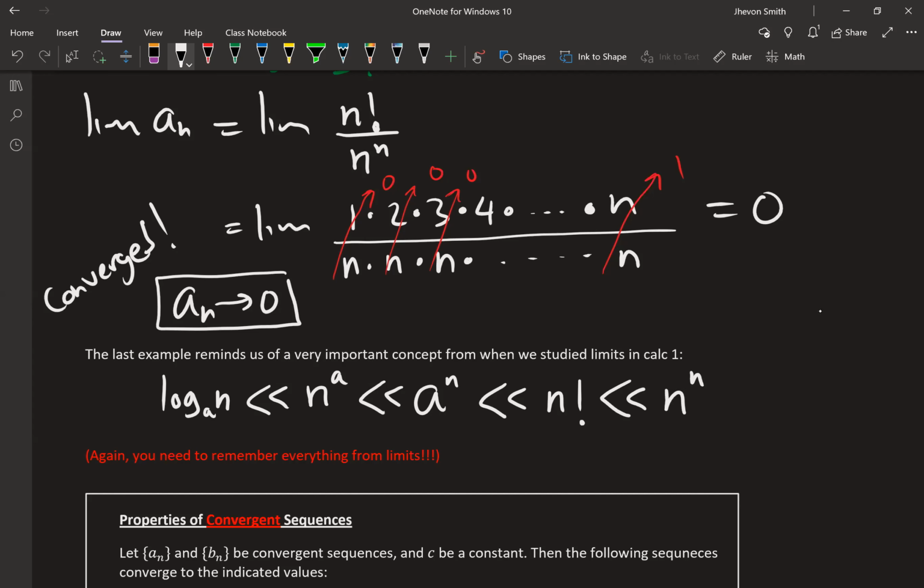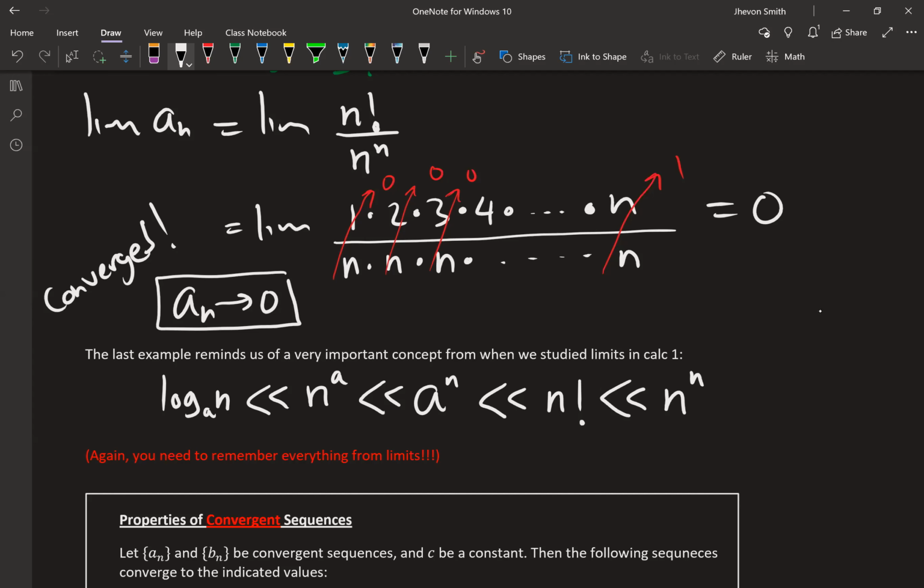So this was a list that was very important that came up in limits, where you know that guys on the right are huge compared to guys on the left as you approach infinity, right? So that was the rule that we're talking about. And again, this is a Calc 1 thing, so I'm not going to elaborate on this too much. So we know, for example, if I'm taking the limit as n approaches infinity of a raised to the n divided by n to the a, I know it goes off to infinity.